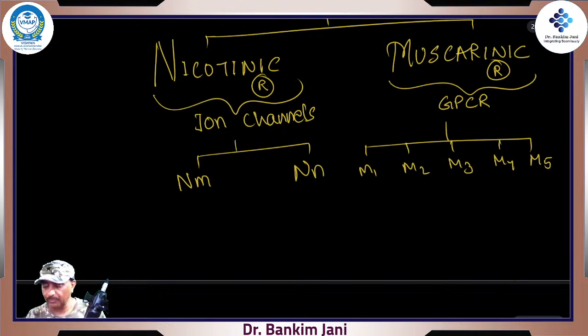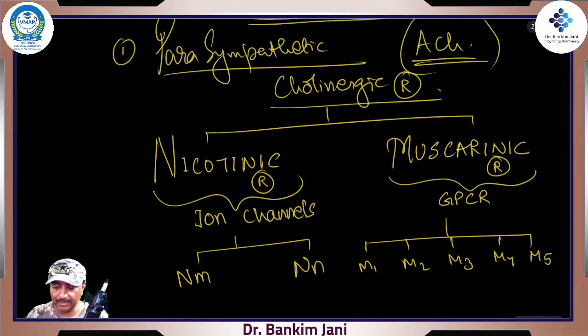Very simple. Don't get confused about what they will be doing; that is what we'll be discussing. But you should just know that these are the types, nicotinic and muscarinic, and they are collectively cholinergic receptors.